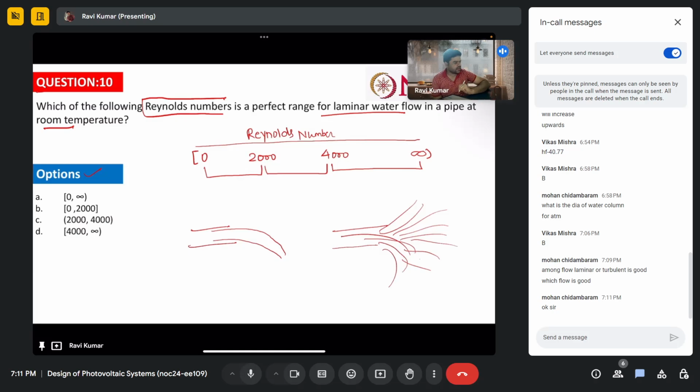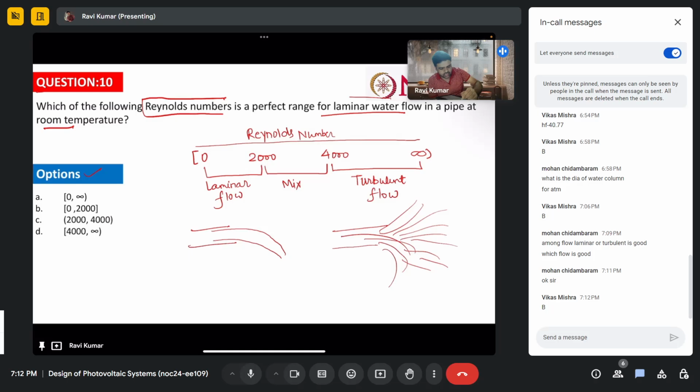This is our turbulent kind of thing. So with low Reynolds number, we have laminar flow. Then it becomes mixed. Then we have turbulent flow. So the question is asking laminar flow. It is 0 to 2000. Yes, the correct answer is B.